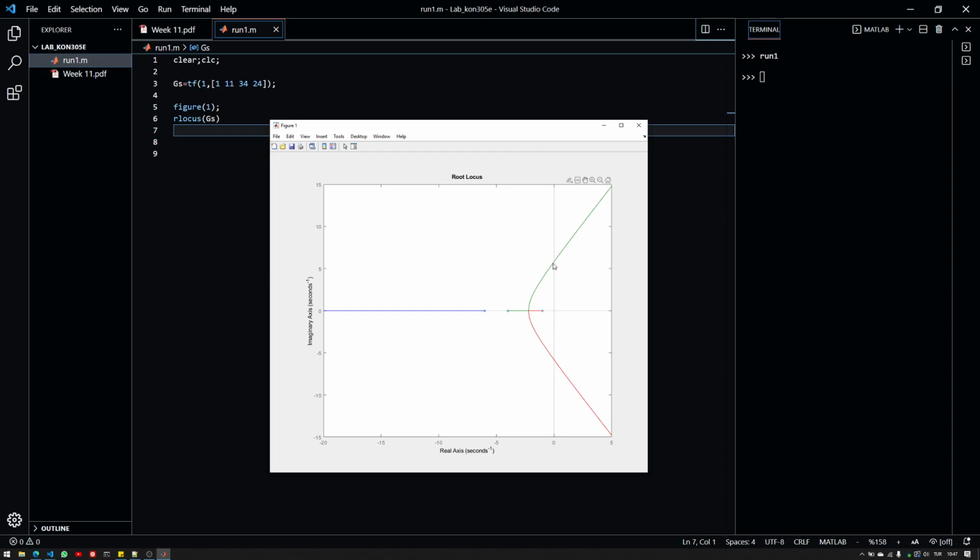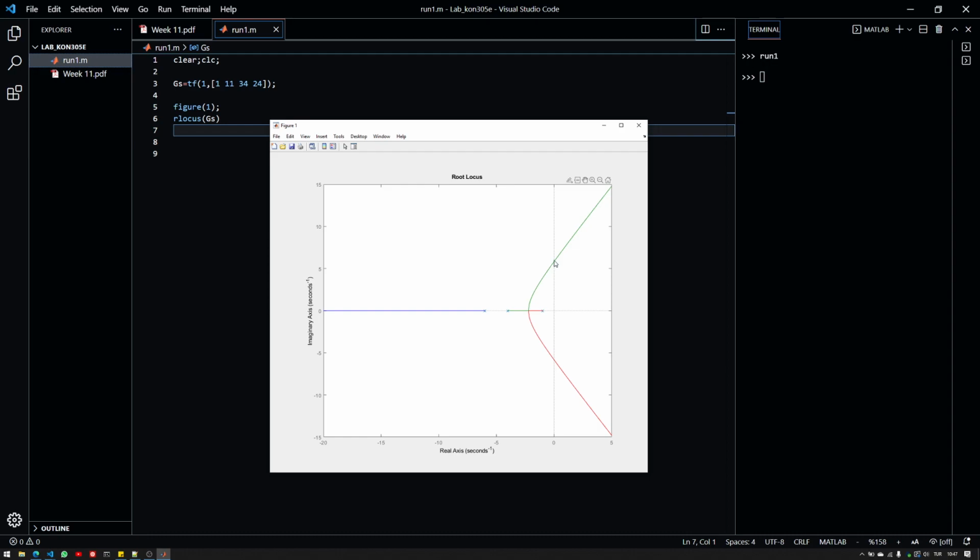So there's one vector, the second vector, and then a third vector. Now these vectors will have angles, so we need to calculate them first. And if the sum of them is equal to 180 or negative 180, then the point satisfies the angle condition, which means that we can find an arbitrary gain that assigns one pole to the destination point.